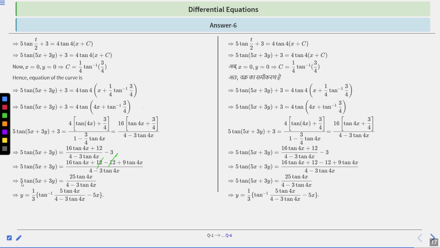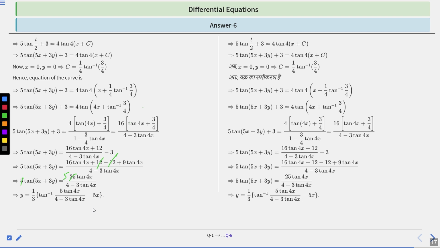After proper simplification, the 5 and 5 will cancel out, and minus 5x will go to the other side. Therefore, y will be 1 by 3 tan inverse of 5 tan 4x upon 4 minus 3 tan 4x, minus 5x, right? Minus 5x is the right choice. Got it? So y is equal to 1 by 3 tan inverse of 5 tan 4x upon 4 minus 3 tan 4x, minus 5x is the proper final equation.